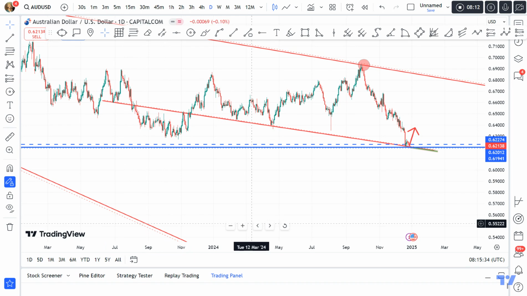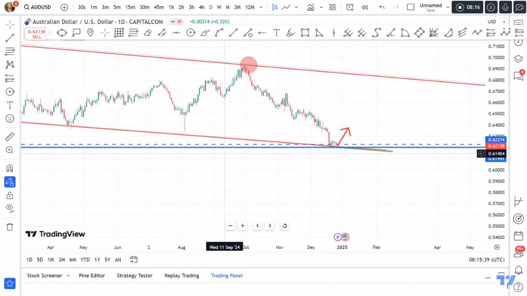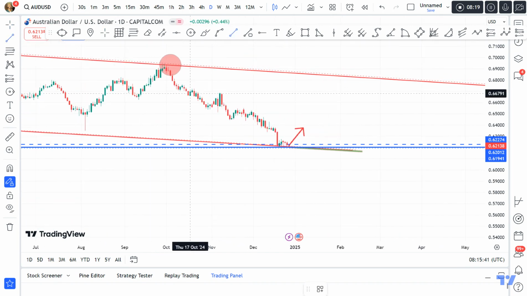double confirmation for buy. Then the next thing that is likely going to happen here is to let me also show you another evidence for buy.